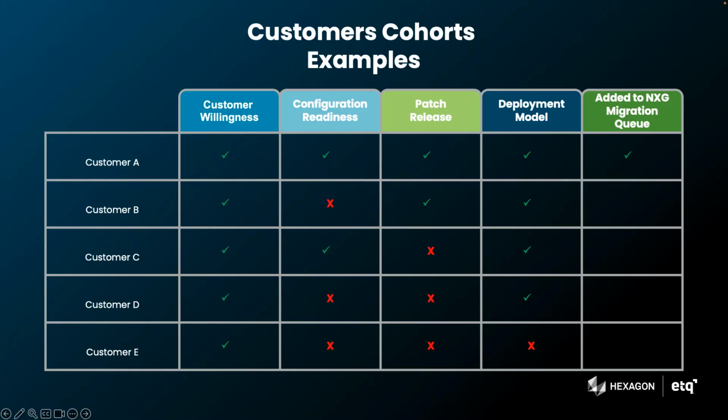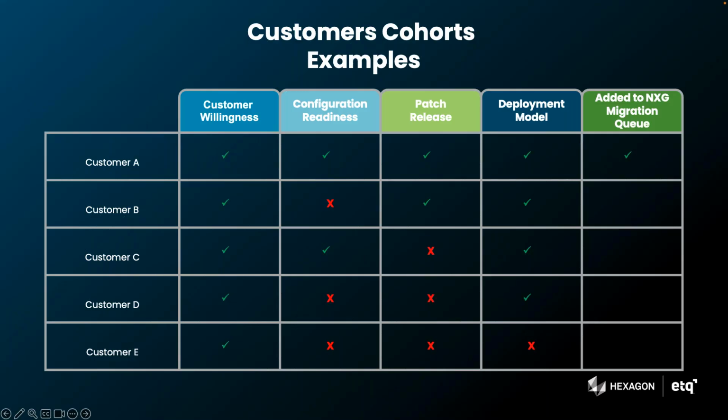So those customers were just added to the queue, and currently we work on dry runs for them to get them migrated in Q2. So you could be like customer A, and I know a lot of customers in this meeting today are like customer A, but the only missing thing is for them to opt in. That's why we would like our customers to opt in, so we can check what's needed and work with them closely to get them in the ready to migrate queue, then eventually migrate them to NXG.